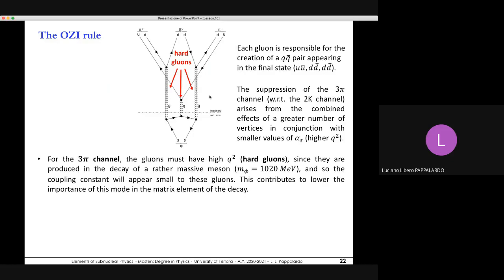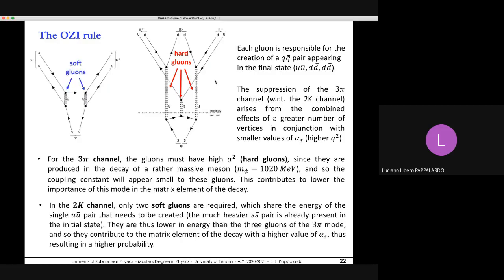And so the coupling constant that applies to them is small, due to the anti-screening effect that we studied before. So this contributes to lowering the importance of this mode in the matrix element of the decay. So not only do we have more vertices, but these vertices are probed at a small value of alpha s, and these two effects in conjunction explain the suppression of this decay mode.